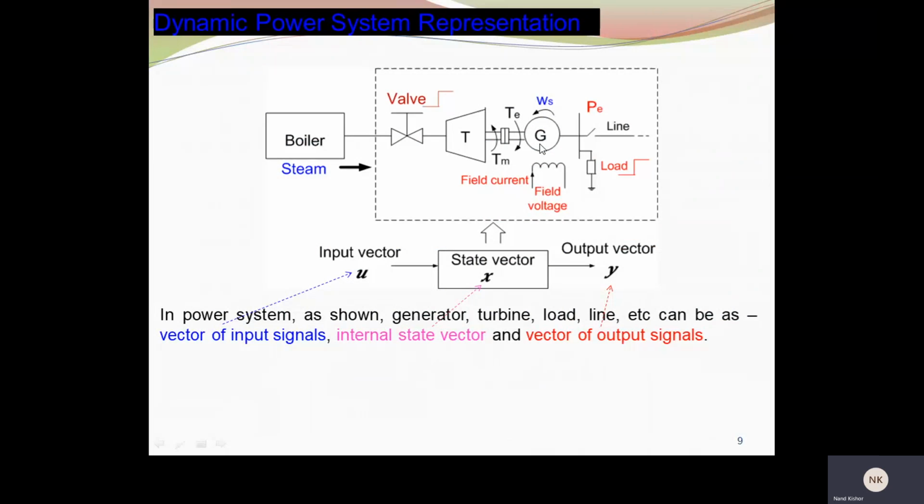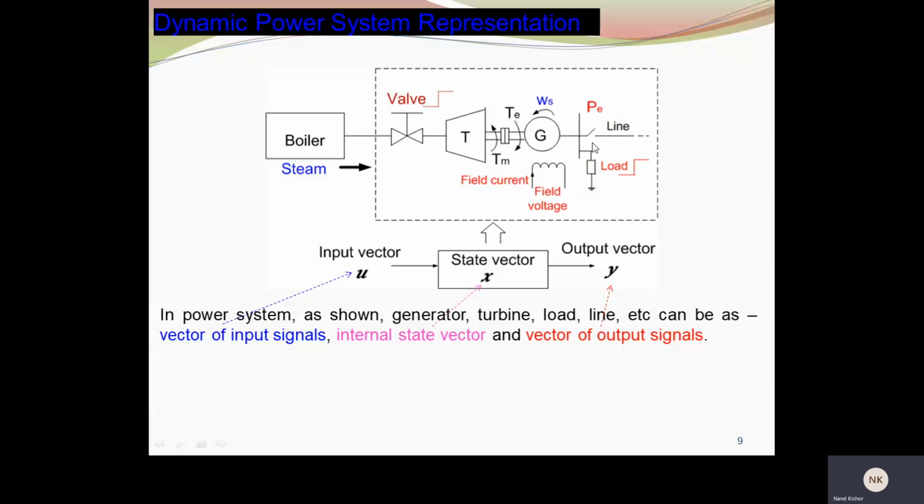The generator terminal is connected to the bus, and let us consider you have a local load and also a connection to a line. The generator also has field excitation. You may have a disturbance on the load side, such as a step increase in the load, or this line may be tripped, and that may cause a change in the electrical power on the generator side.